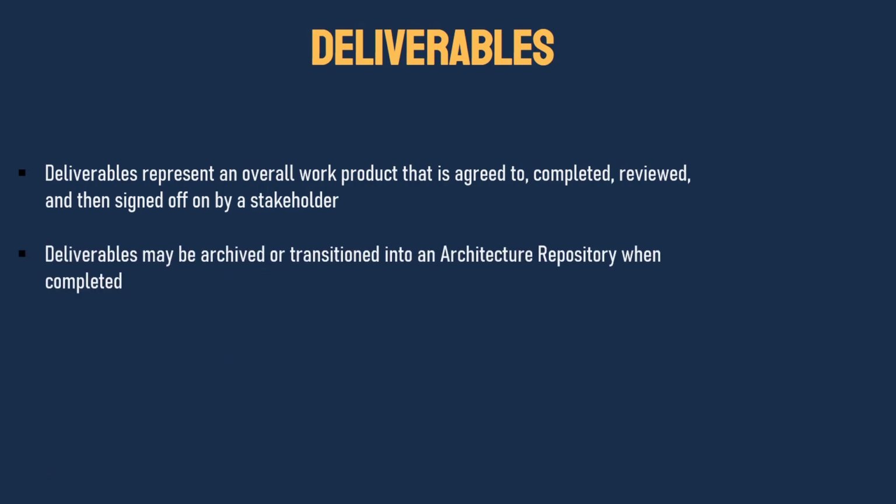Deliverables can be archived or even transitioned into an architecture repository, also known as a library, when completed. Examples of deliverables include things like reference models, standards, or snapshots.